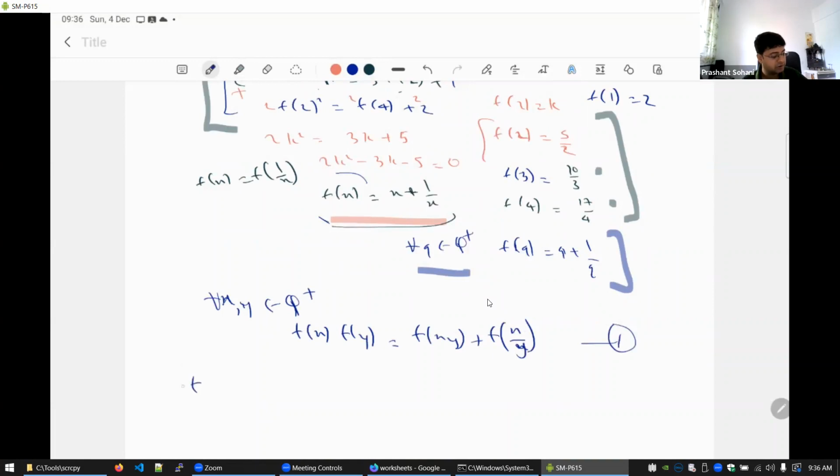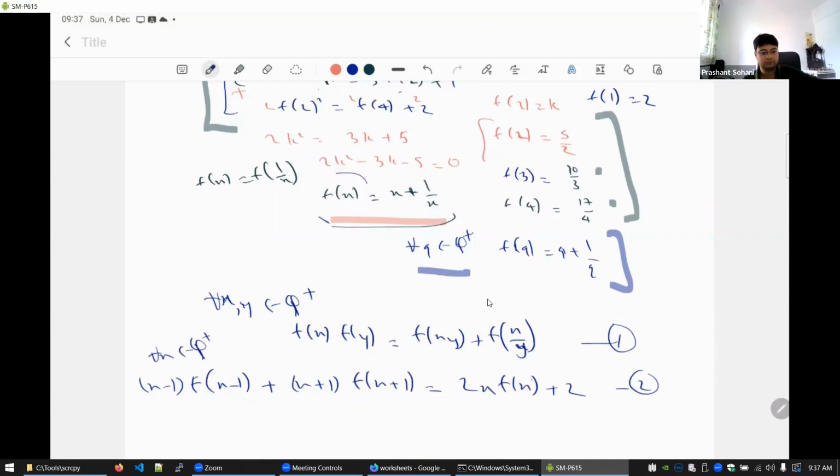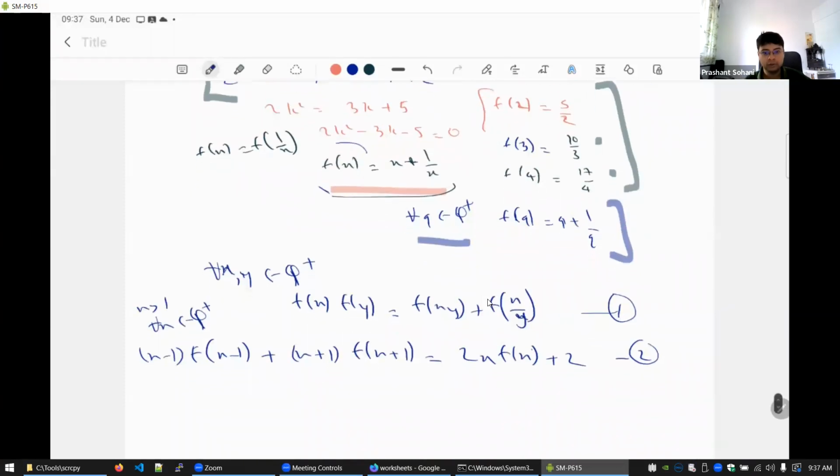And the second equation is the one relating f of x minus 1, f of x plus 1 and f of x plus 2, again for all positive x. So this is the information available to us.